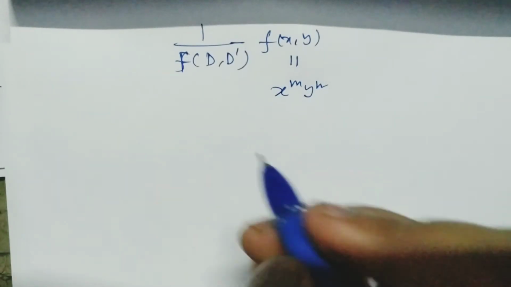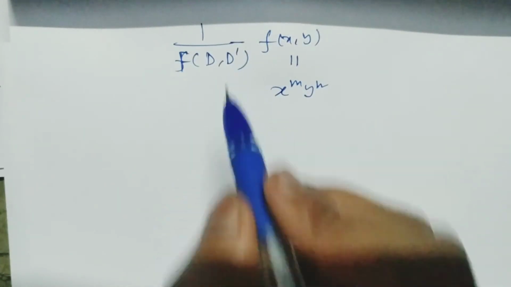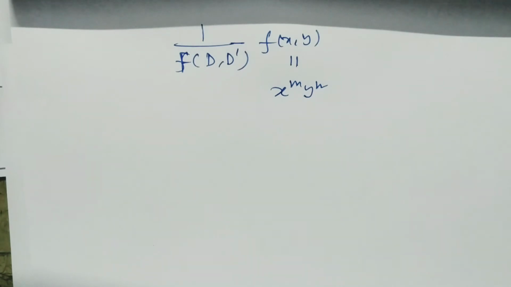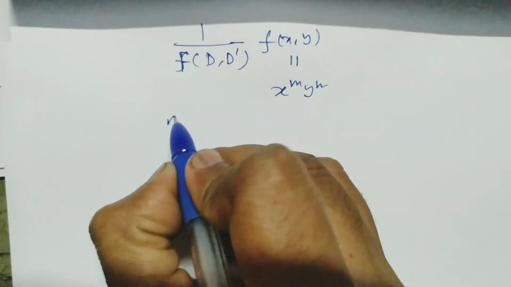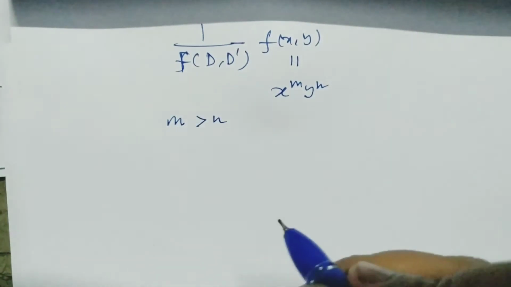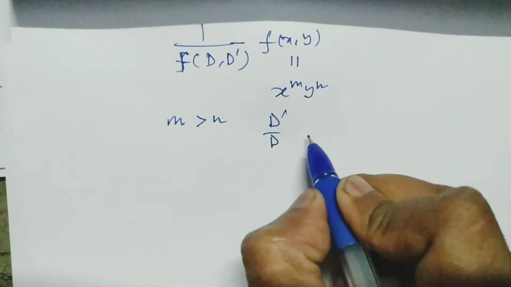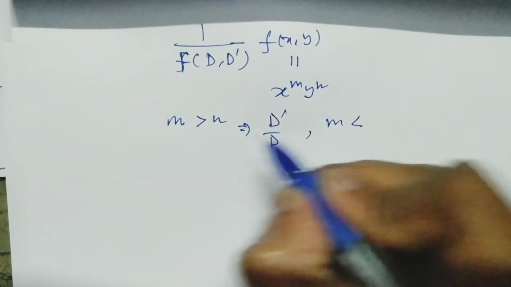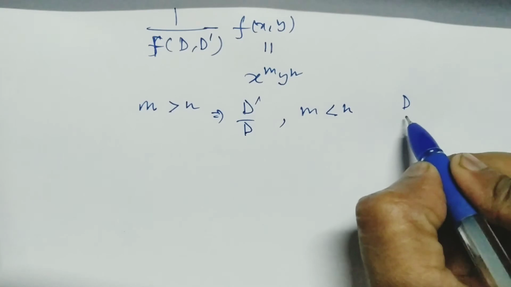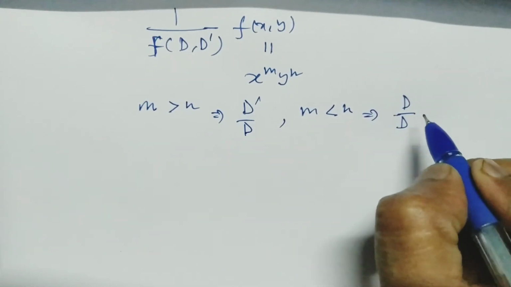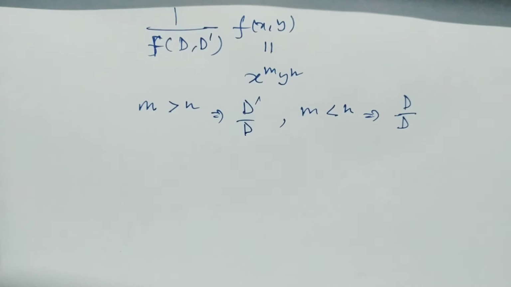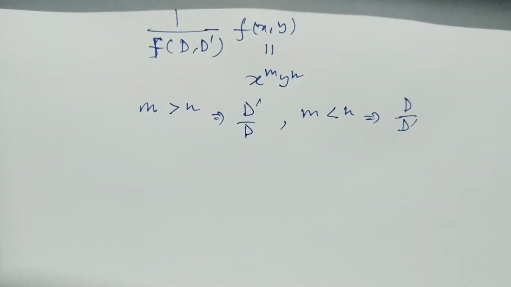So what we will do, we will take some D or D dashed common and we will expand that part, but we will remember if m is greater than n, then we will expand the thing in a power of D dashed by D, and if m is less than n, we will expand the 1 over f of D, D dashed thing in a power of D over D dashed. So better if we go for some problems.